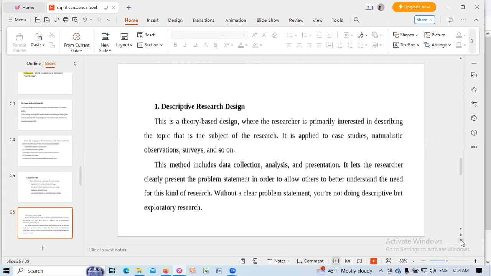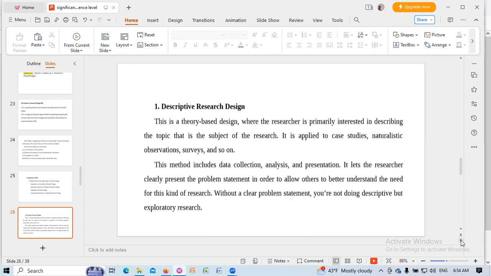Descriptive research design: this is a theory-based design where the researcher is primarily interested in describing the topic that is the subject of research. It is applied to case studies, naturalistic observation, surveys, and so on. This method includes collection, analysis, and presentation.